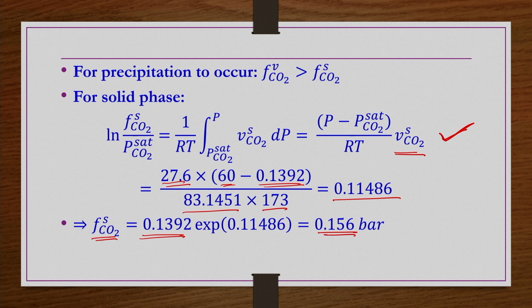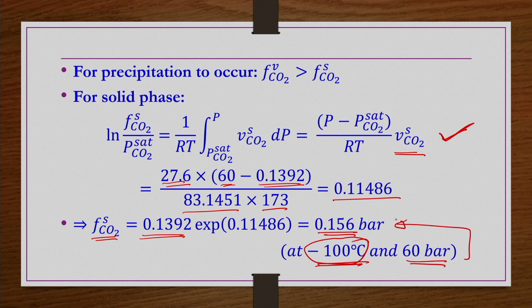So, this is the fugacity of CO2 in the solid precipitated form at this temperature of minus 100 degree centigrade, not the 127, and 60 bar. If it is precipitating in a pure compressed solid state, it has 0.156 bar of fugacity.